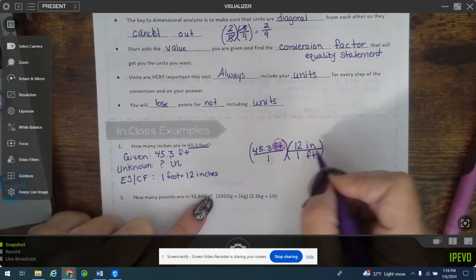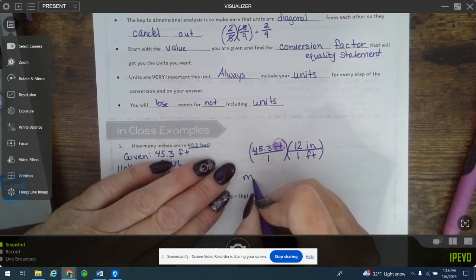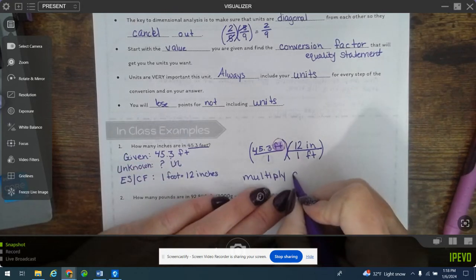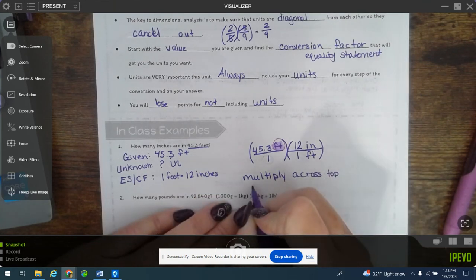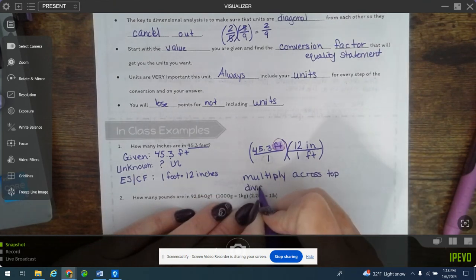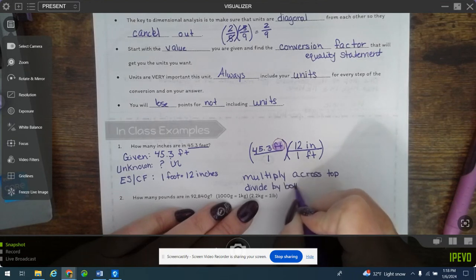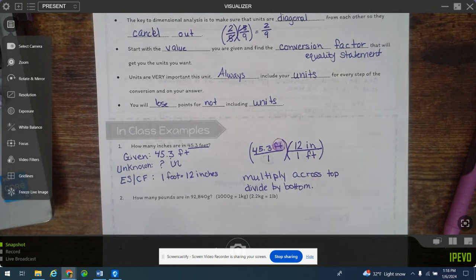All right, now I have to do the math. The thing to remember is this is just like multiplying fractions in math. You multiply across the top, you divide by the bottom. And of course, anytime we have a 1, something multiplied or divided by 1 is equal to itself, so we don't have to plug that in.